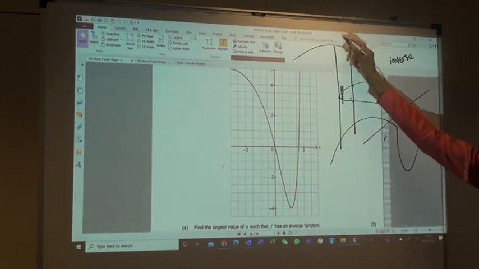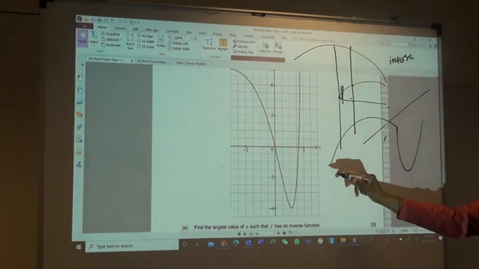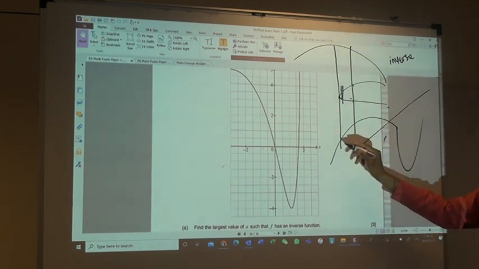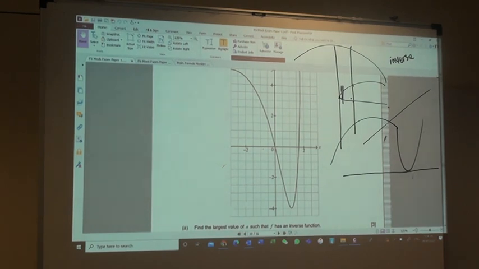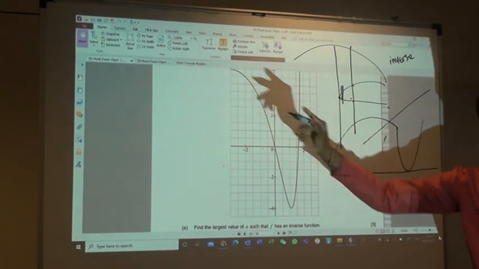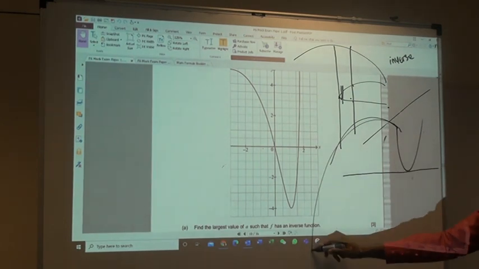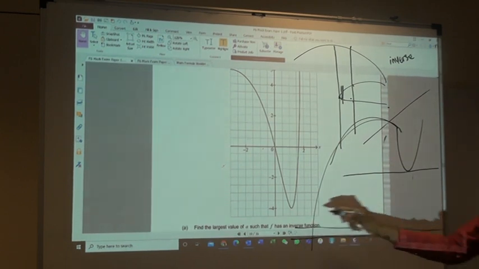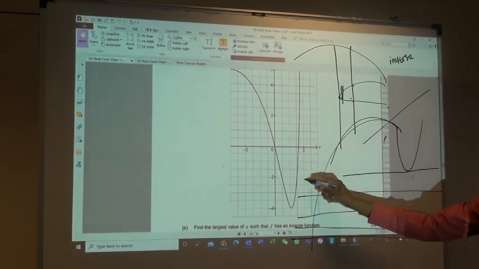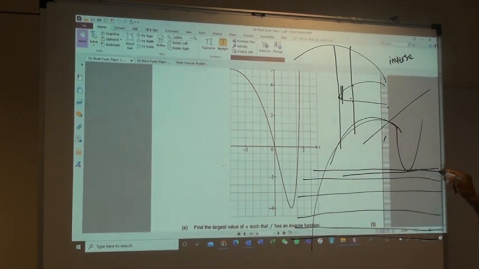So if my vertical line fails here, we can discuss the horizontal line as the test here. It extends, right? So maybe the extension comes down. My horizontal line will pass from here to here, up to here.